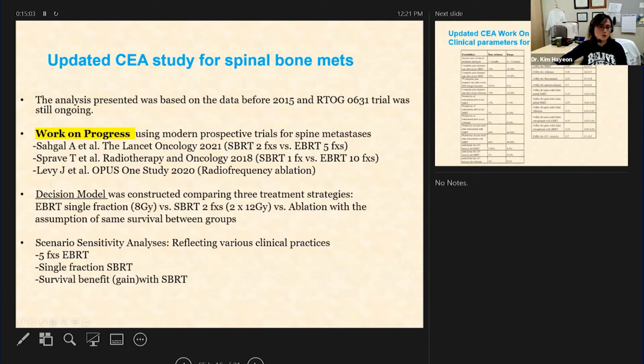Also, SBRT 2 fraction was our base case scenario. However, we also asked, what if we use single fraction only SBRT? And the final assumption was, what if we assume SBRT gives higher survival, based on these days' oligomets trials showing promising results for survival gain with SBRT.